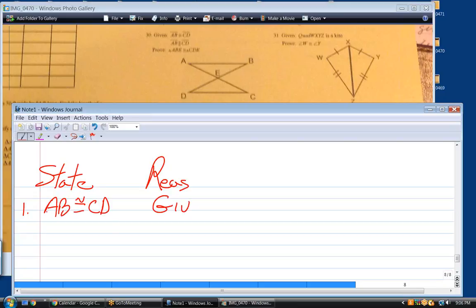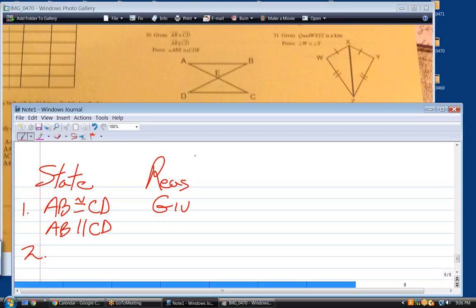Given. And also AB is parallel to CD. It's congruent to CD and it's also parallel to CD. And both of those are given. So I'm trying to prove that triangle ABE is congruent to triangle CDE. Okay?